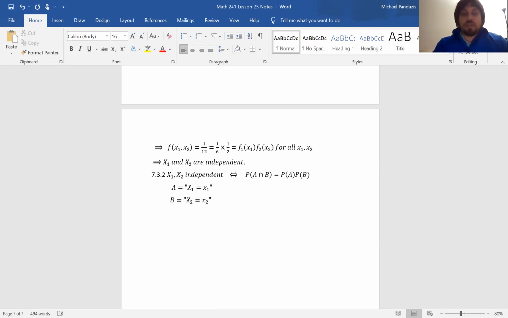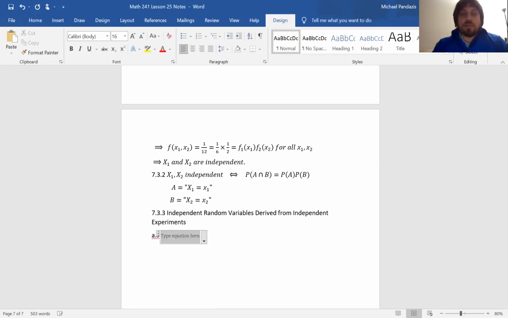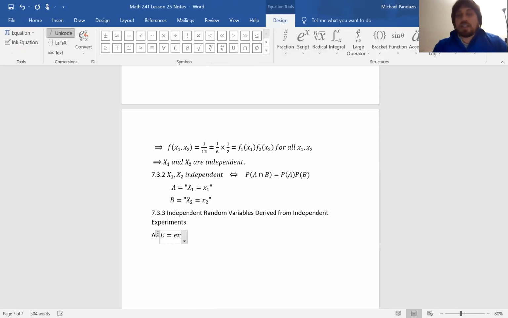Okay, and then we're just about at the end of everything. 7.3.3. Independent random variables derived from independent experiments. Okay, so part A. E is the experiment.